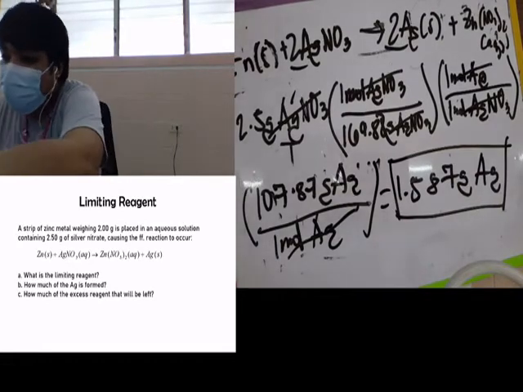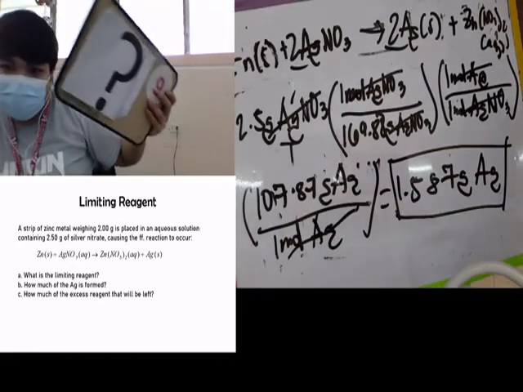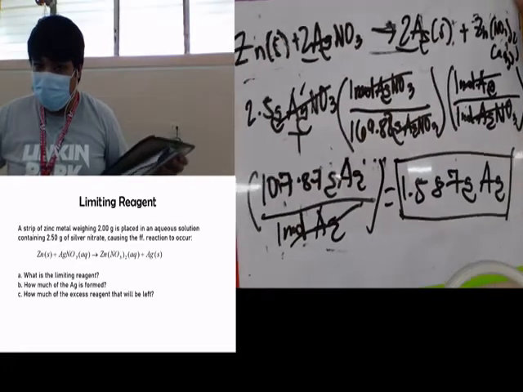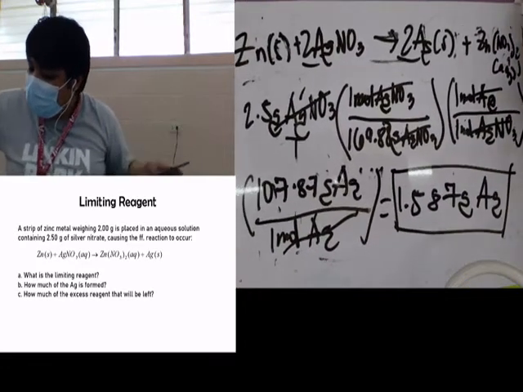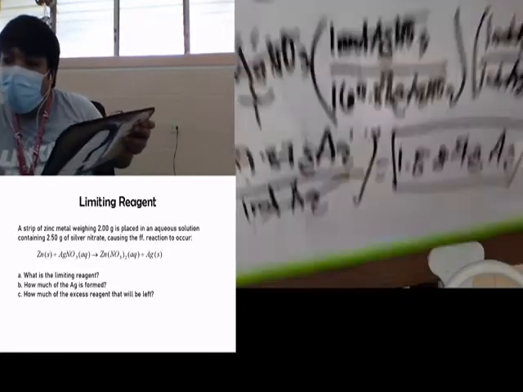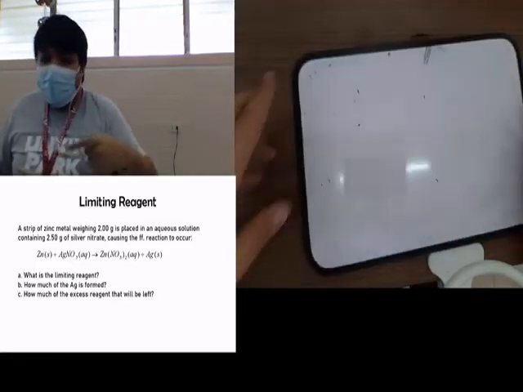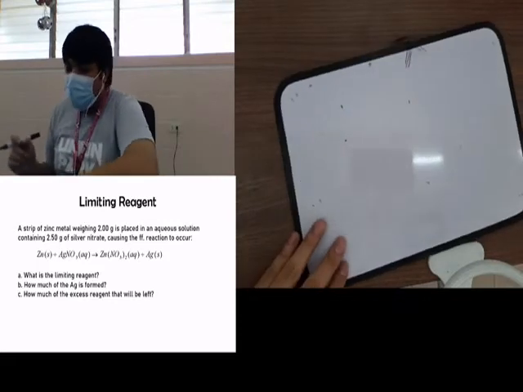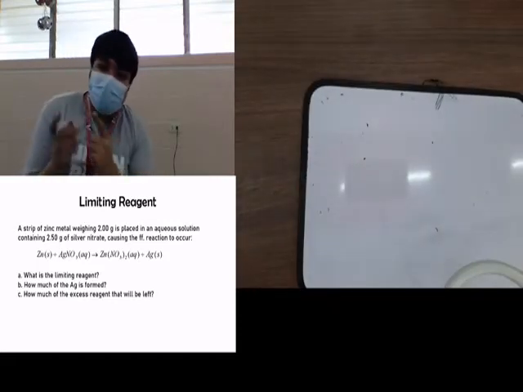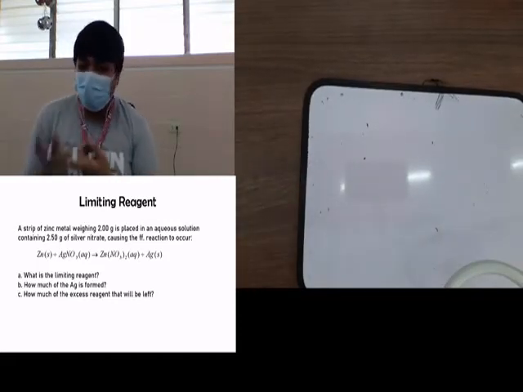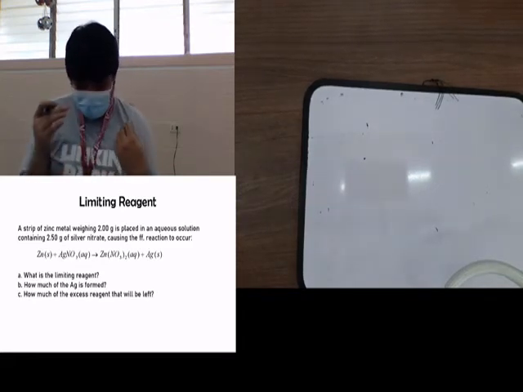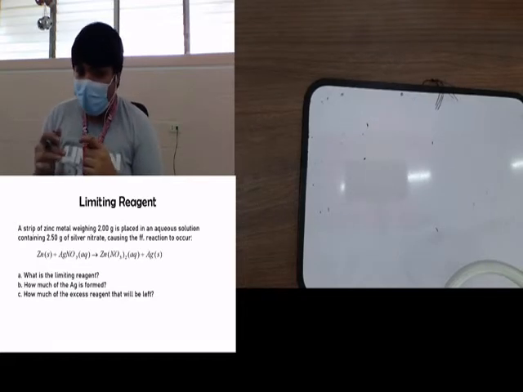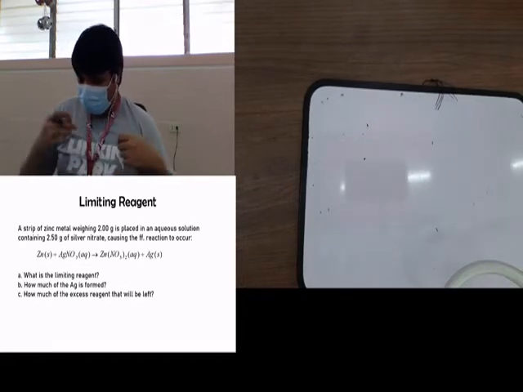Now for letter C, we have shown that the limiting reactant is silver nitrate. Now since we already know the limiting reactant, the excess reactant or the excess reagent will obviously be zinc.